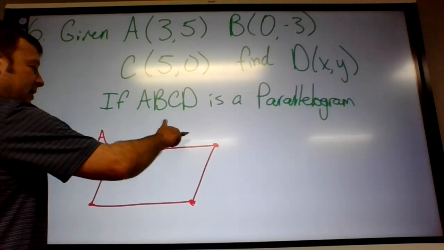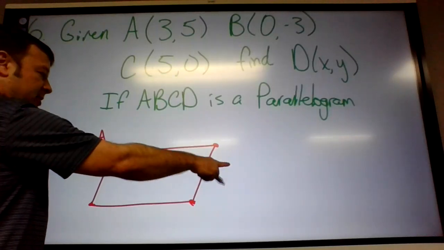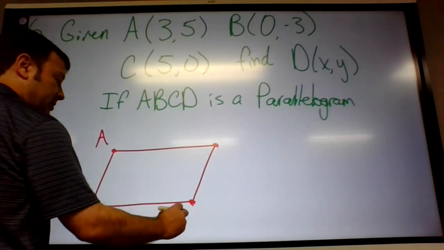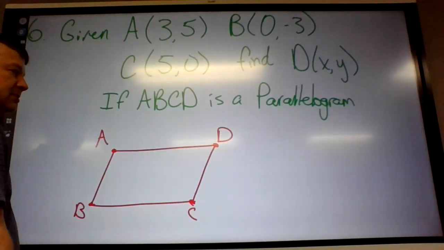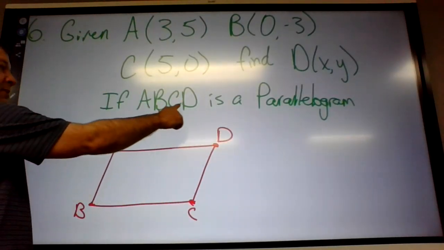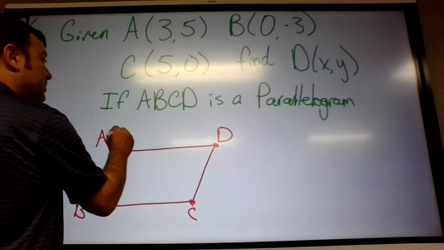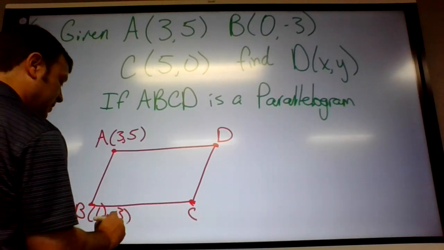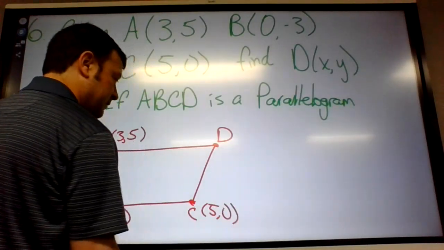So you could go A, B, C, D this way, or you could go this way, but they do need to be in order somehow. So you can't go A, B, C, D out of order. That would be wrong. It does have to be in this order, either clockwise or counterclockwise. Okay, so A is (3, 5), B is (0, -3), C is (5, 0). Find D.